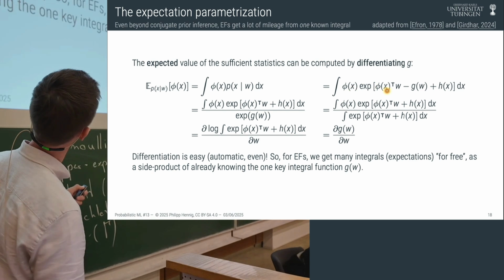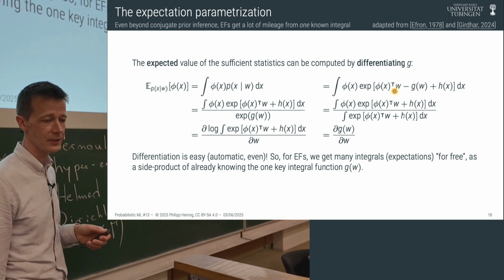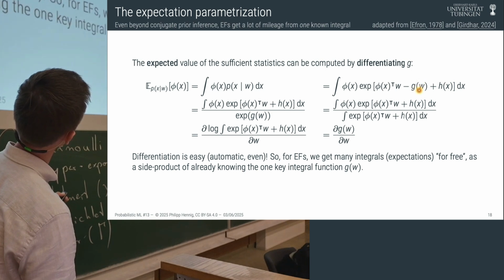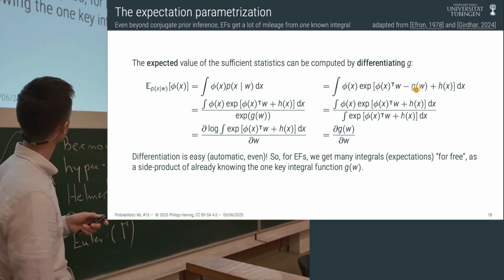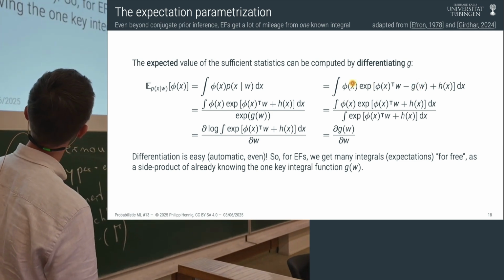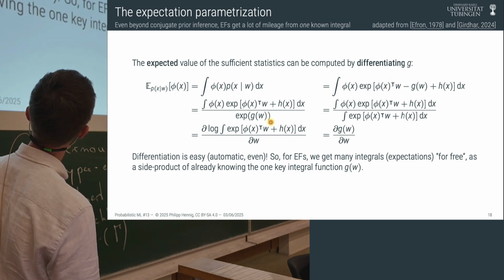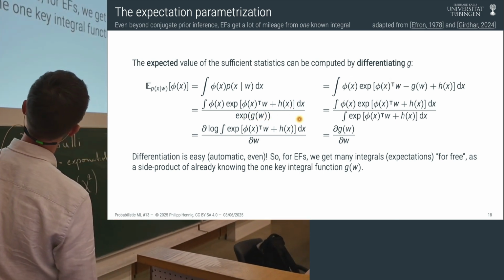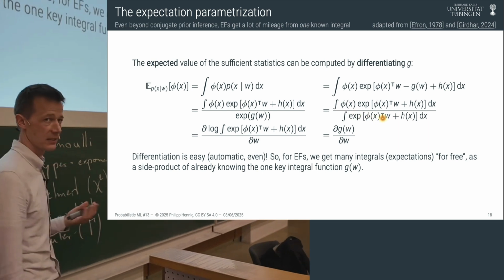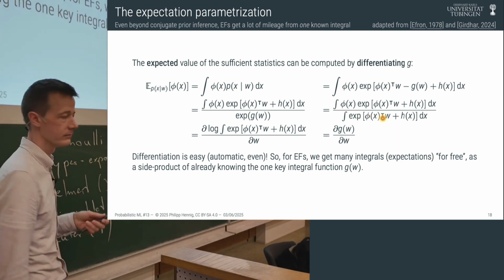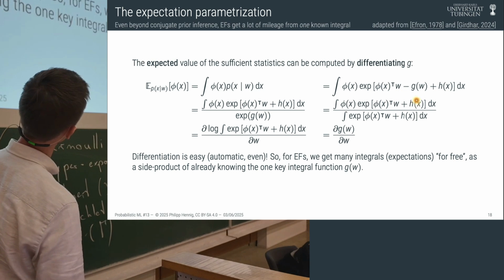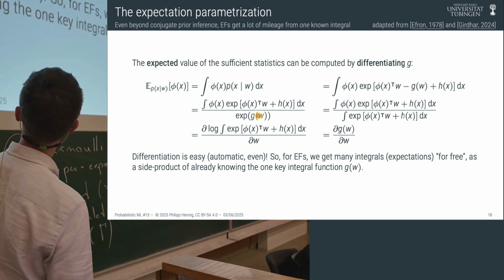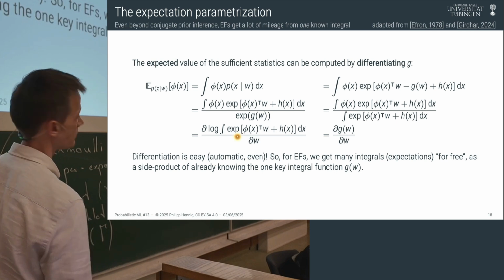We're plugging in the definition of the exponential family. Then we realize that g of w doesn't depend on x, so we can take it outside of the integral. Because there's a minus here, it now shows up in the denominator. We know what g of w is. It's the log normalization constant, so we write it as an actual normalization constant. And then we can convince ourselves that this expression is the derivative of the log of this integral at the top.